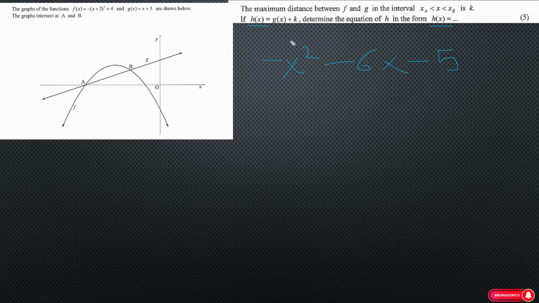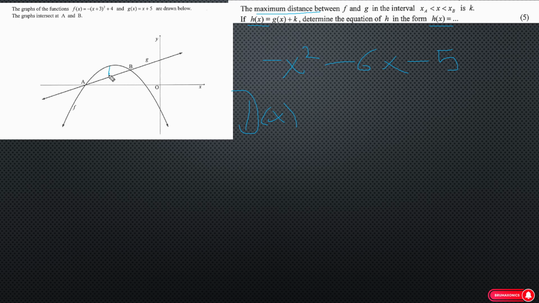Yes, we do understand. The first thing you should think about when you see such questions is that when they talk about the maximum distance between two graphs, we are talking about the distance of the two graphs, the distance of the given two graphs.